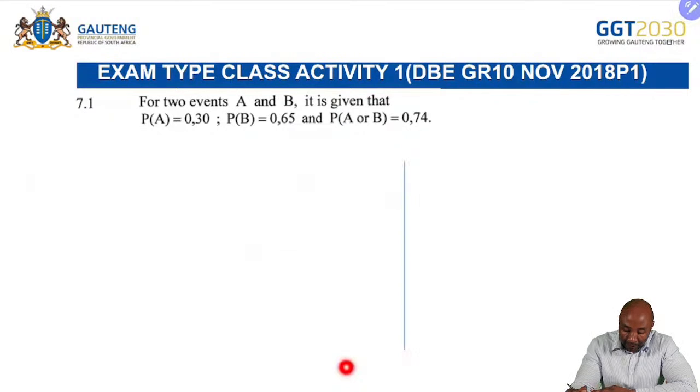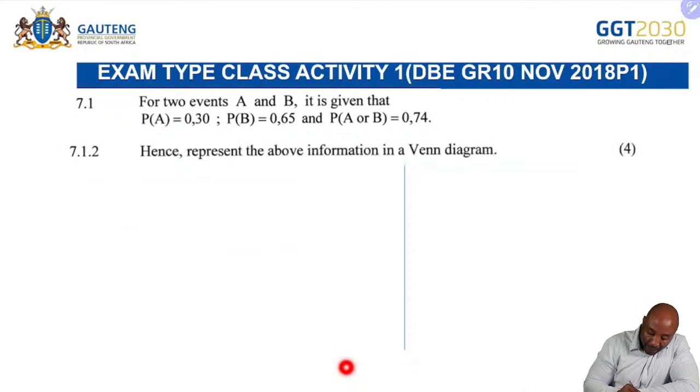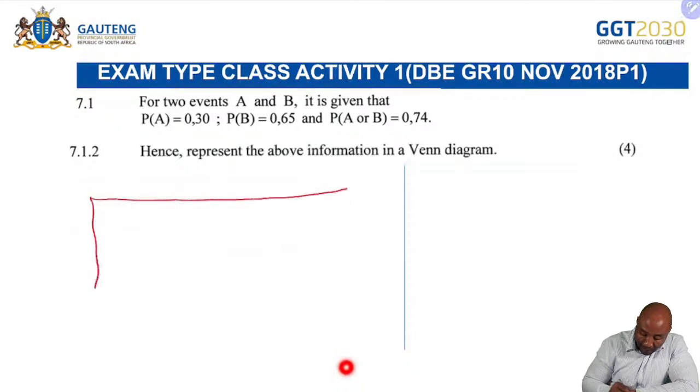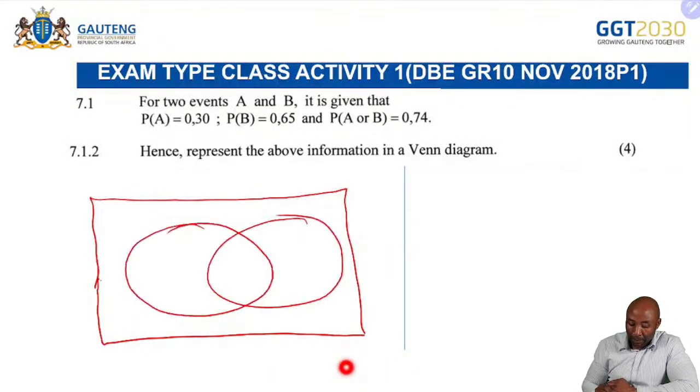The next question requires us to represent the information on a Venn diagram, and it's 4 marks. Remember, we said, in this case, because we have calculated the probability of A and B and there's an intersection, we have our A, we have our B. So remember, we said we start by filling in information on our intersection.